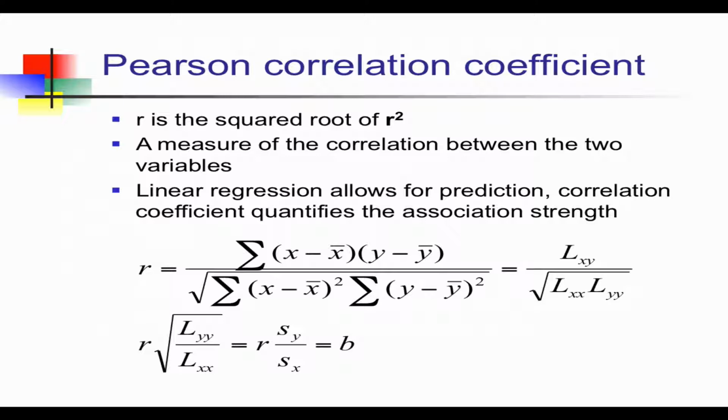Remember, we talked about Lxy divided by Lxx being beta hat 1. So here, beta hat 1 equals a function of the Pearson correlation coefficient. Whenever two variables have 0 Pearson correlation coefficient, that implies that if you do a regression line between x and y, beta hat 1 should also be 0.